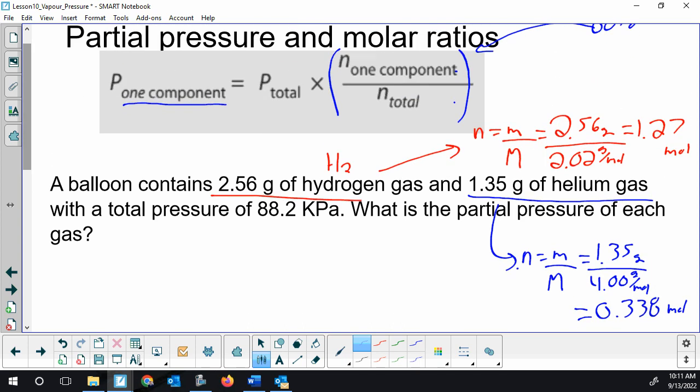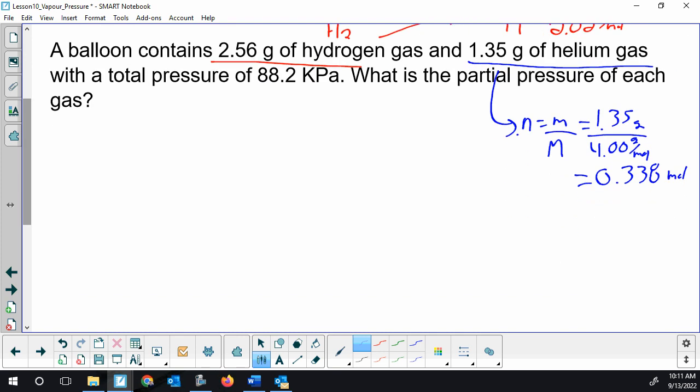The pressure of one component, so the pressure of hydrogen, is the total pressure times the hydrogen moles divided by the total moles. So our partial pressure of hydrogen is pressure total times the moles of hydrogen divided by the moles total.